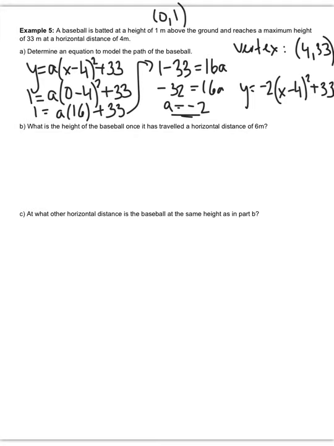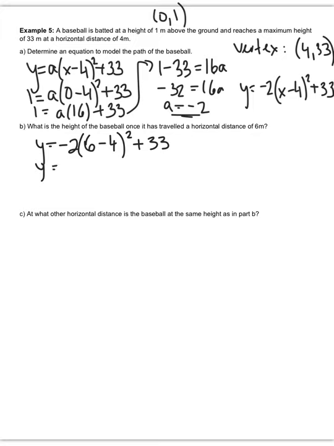All right, part B says, what is the height of the baseball once it has traveled a horizontal distance of 6 meters? If the horizontal distance is 6 meters, we know that's going to be our x value. So we're going to sub that in. We have negative 2 times (6 minus 4) squared, plus 33. Let's solve that.